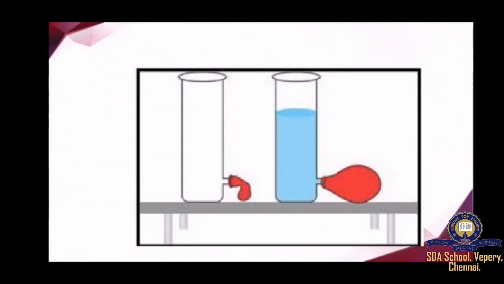To prove this, you need a metallic tube with a small opening near the base. Tie a rubber balloon to the side opening. Now, gradually pour water into the tube. You will observe that the balloon starts bulging as you go on increasing the amount of water. What is the reason for the bulging of the balloon?